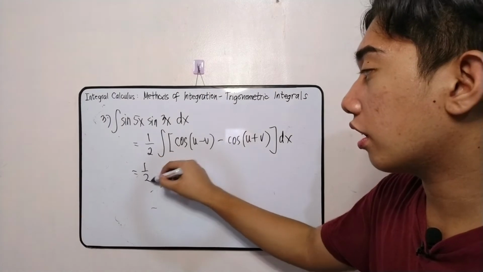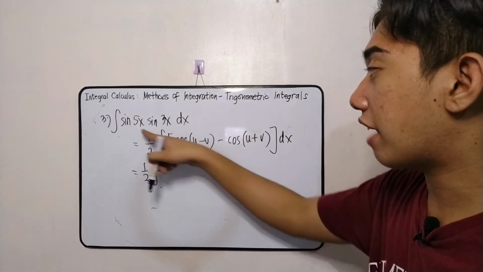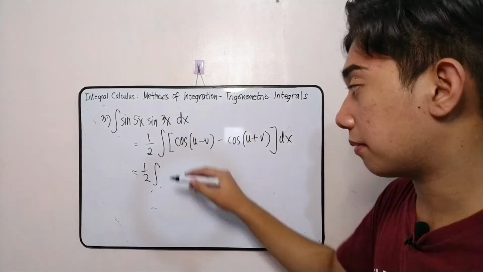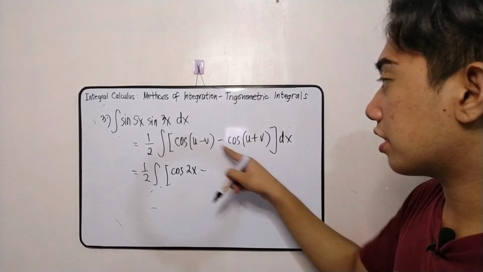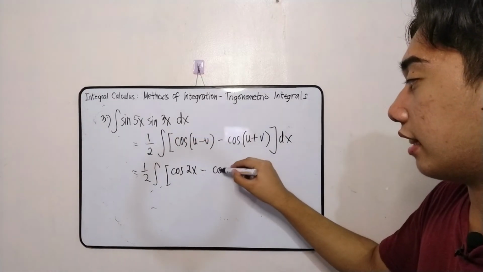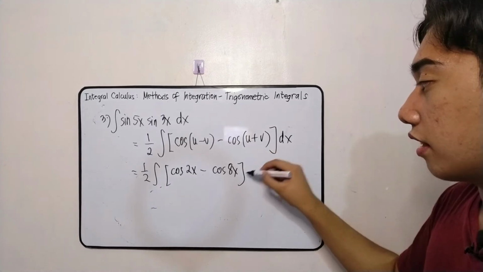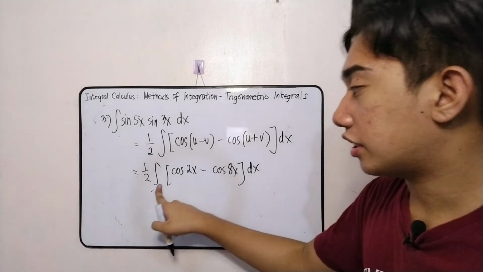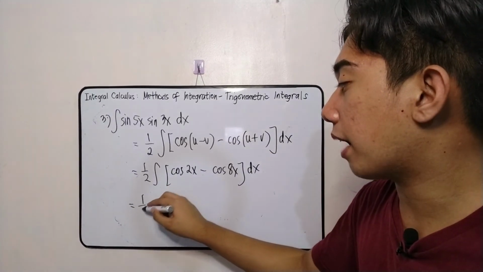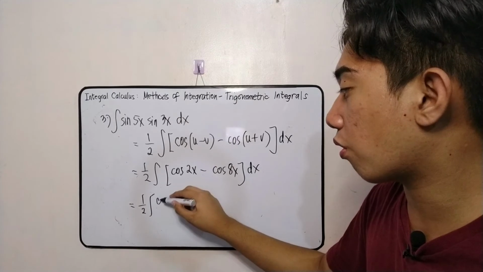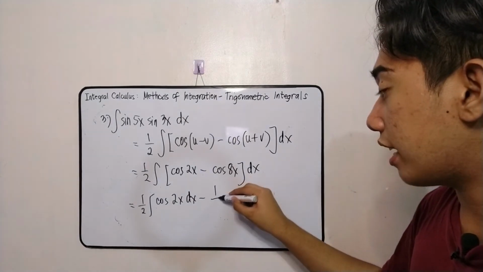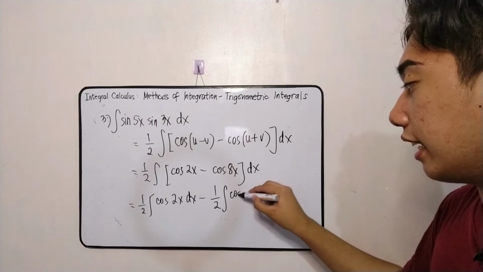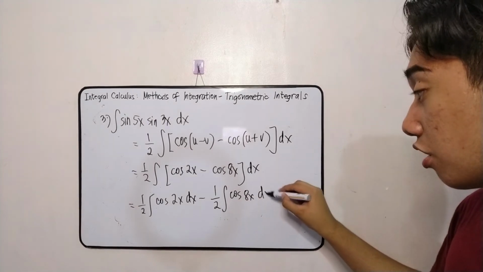So, therefore, cosine 5x minus 3x becomes cosine 2x minus, when you add this one, this becomes cosine 8x. Okay? Distribute the signs in the constant. This becomes 1/2 the integration of cosine 2x dx minus 1/2 the integration of cosine 8x dx.